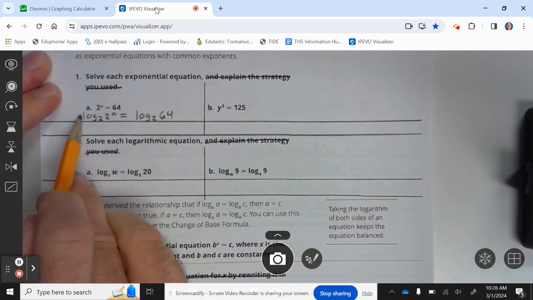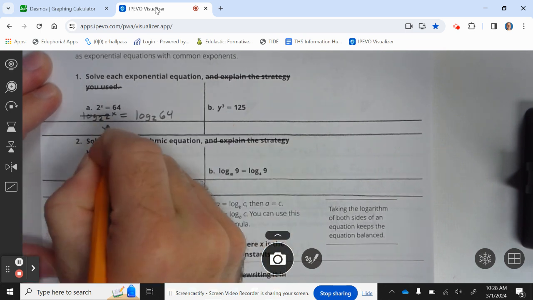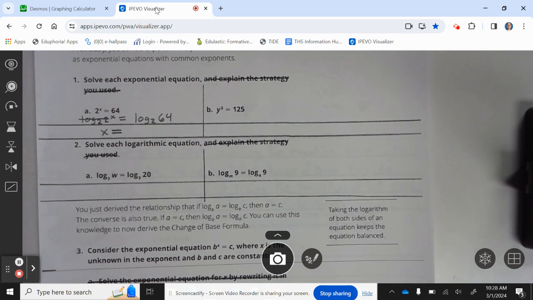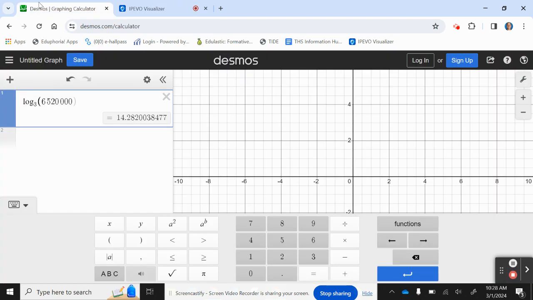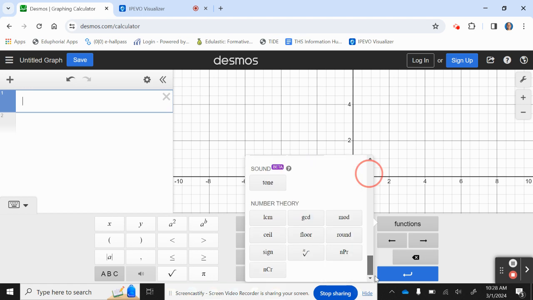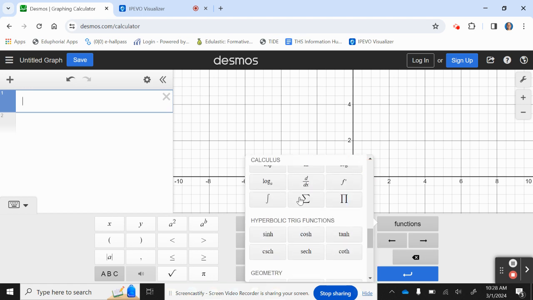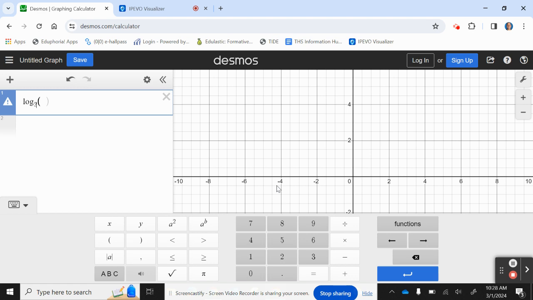Well, log base 2 of 2 cancels. You're left with x equals log base 2 of 64. Which let's go ahead and put in our calculator. Is 6.